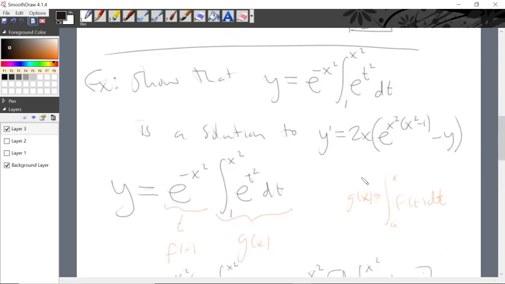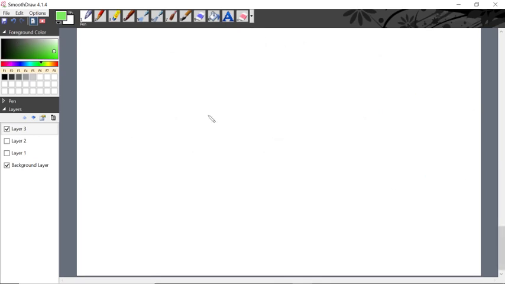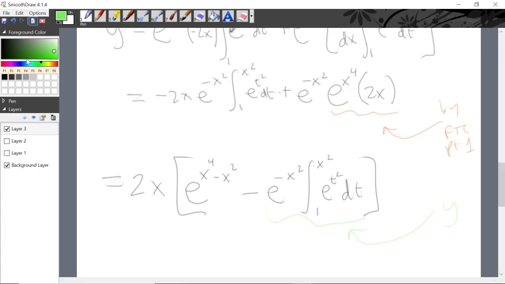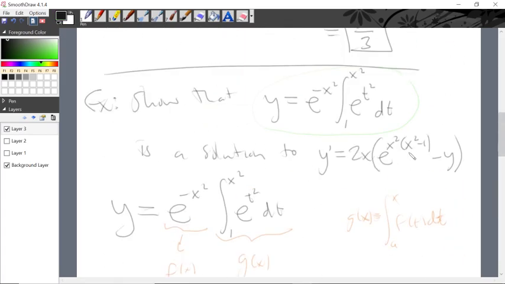Okay? Now y was equal to this, e to the negative x squared integral 1 to the x squared e to the t squared dt. And that's this. Right, so that's equal to y. And the other thing for us to do to show that we get the exact answer that we found here, it looks like, is rewrite the exponent in this form.